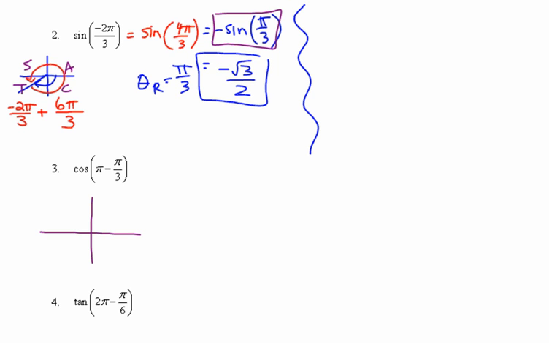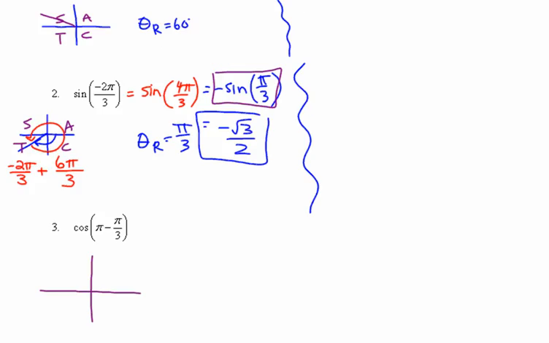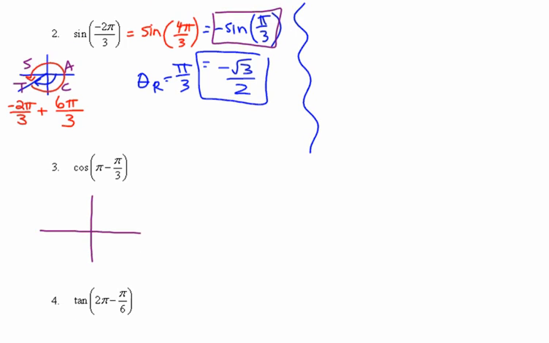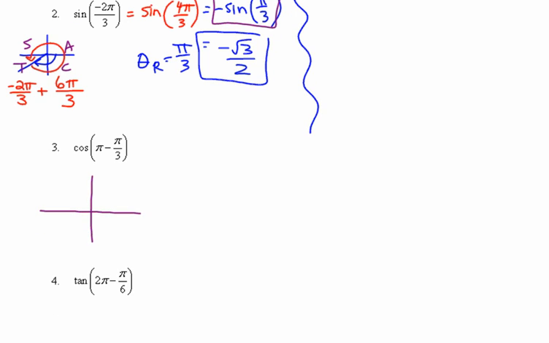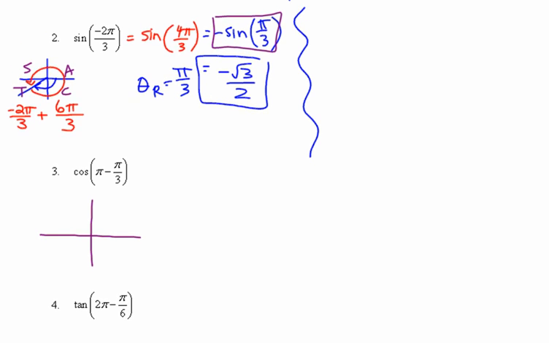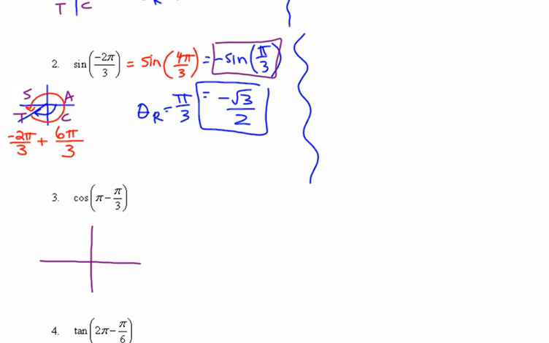What did we just find? We found the equivalent acute angle. I know it's a lot. It's not positive. This would come out as a negative. If you type this into your calculator, it would come out negative.